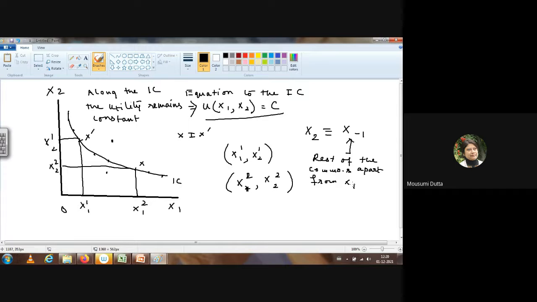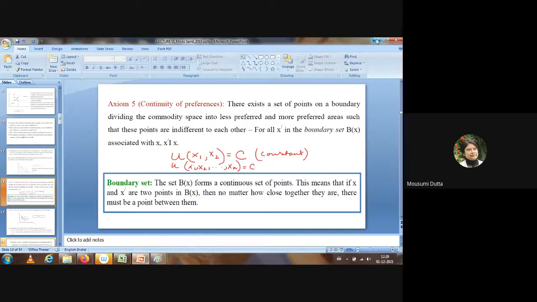So this is the meaning of X2. So we can definitely extend the equation for all n commodities.